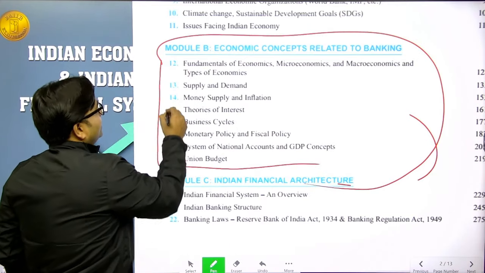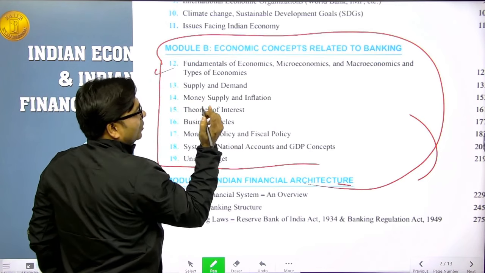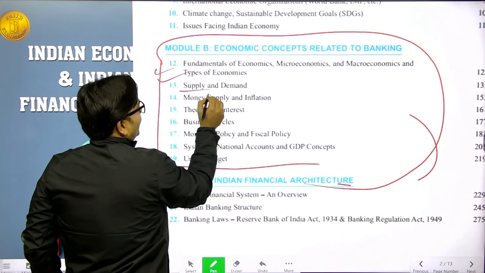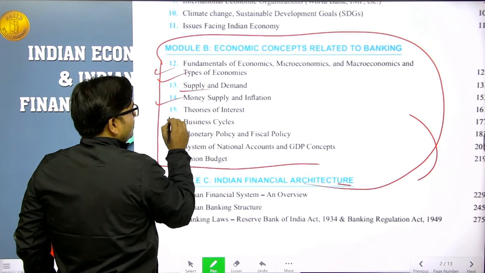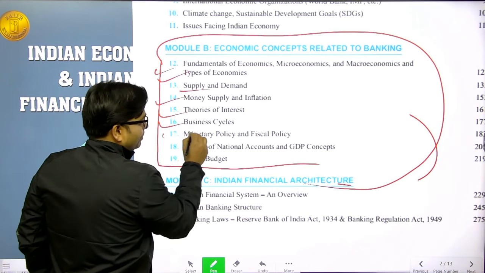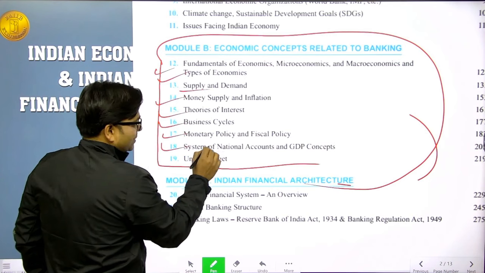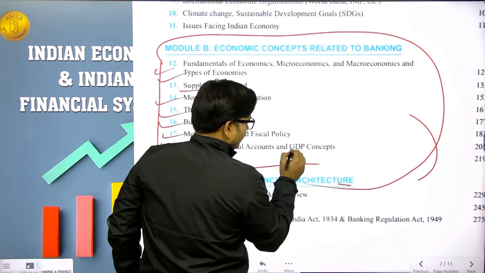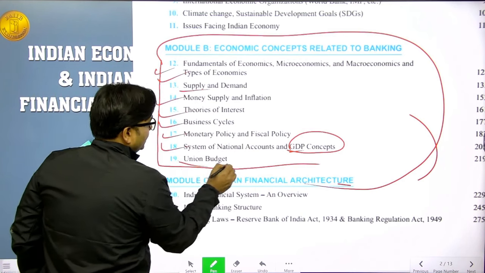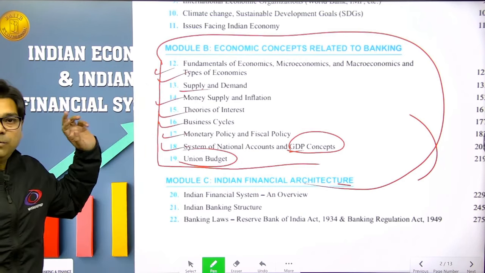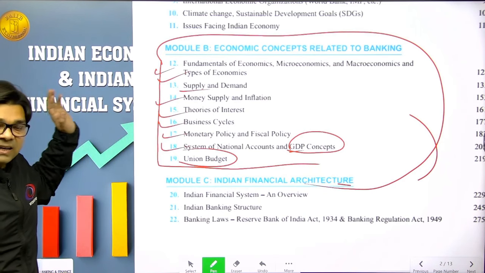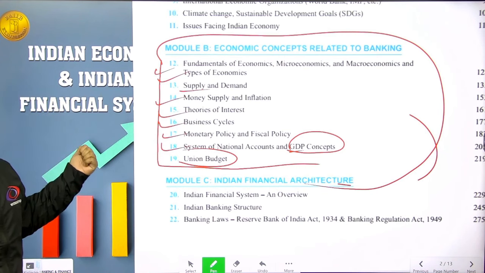Look at the topics: fundamentals of economics, microeconomics and macroeconomics, types of economies, supply and demand, money supply and inflation, theories of interest, business cycle, monetary policy and fiscal policy, system of national accounts and GDP. If you remember, this particular chapter was there, and the Union Budget. These chapters from Module B of Advanced Bank Management have been added in this particular book of JAIIB.